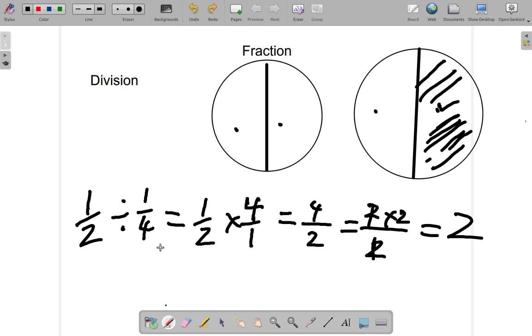So remember, the general rule is when you have a fraction, a number over another number, divided by another fraction, a number over a different number, it is the same as the fraction on the left, which is the numerator fraction, or the one up top, multiplied by the reciprocal of the second fraction.